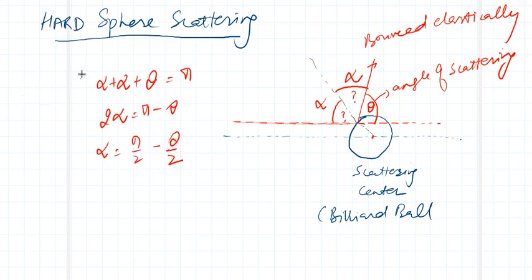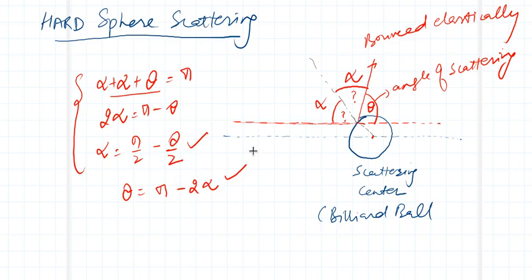Or from here I can calculate theta also. So theta आ जाता है pi minus twice of alpha. Alpha ये आ रहा है in terms of theta and this is theta in terms of alpha.